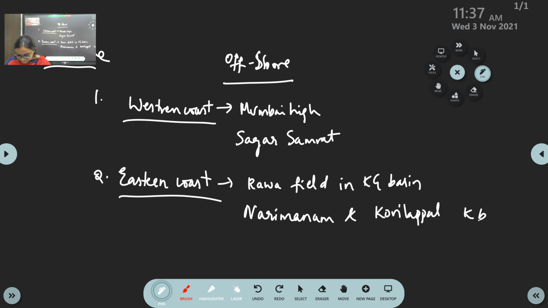Distribution, very important. KG basin. What is KG basin? Krishna Godavari basin. Brahmaputra Valley. Gulf of Cambay.